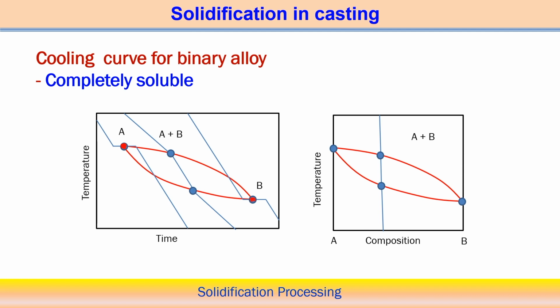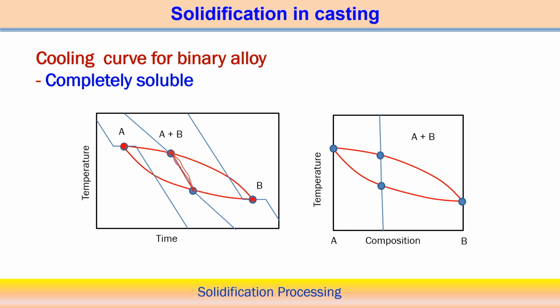But if there is an alloy, for example some mixture of A and B, a certain percentage of A and the remaining percentage of B, forming a binary alloy, then we look into the cooling curve also. Starting from the liquidus temperature, the solidification ends at the solidus temperature, and there is some slope. Depending upon the melting points of A and B, the slope can change; it can be positive, and it can be negative also.